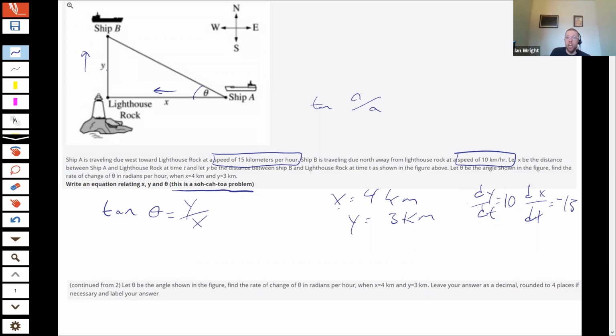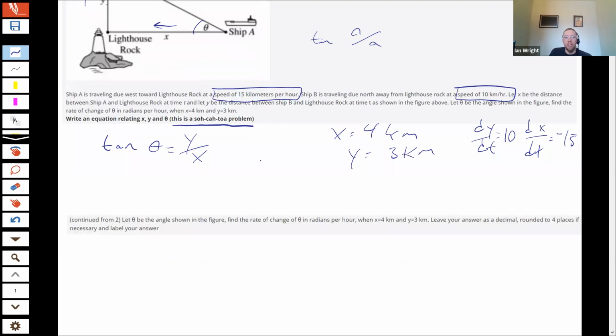Okay. So this is all the information I know, right? We want to find the rate of change in radians per hour. Okay. So in our notation here, what are we trying to find?